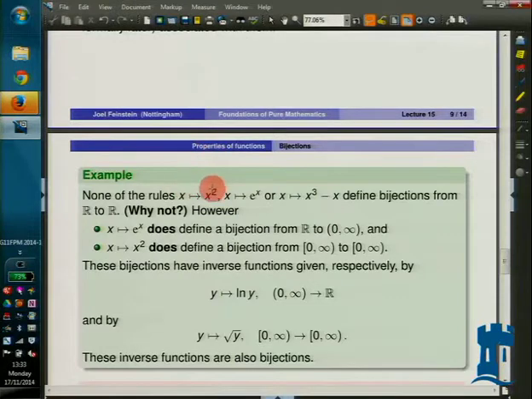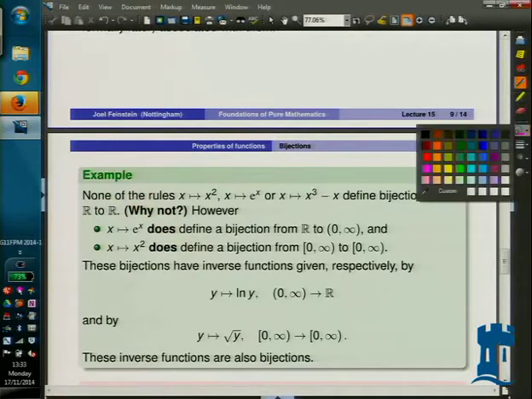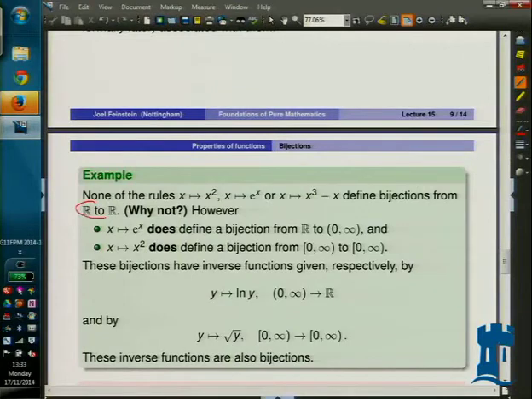It's neither injective nor surjective when you're going from R to R. So keep track of what our domain and codomain are. With domain R and codomain R, x squared is neither injective nor surjective.